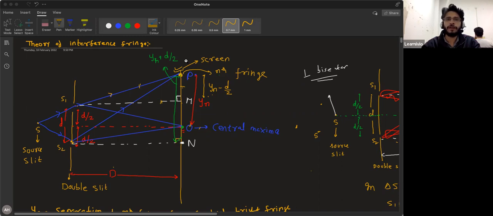Omar, it's not the right method. The step S2P minus S1P is 2yd by S2P plus S1P. You should write the whole calculation, like from where this is coming.